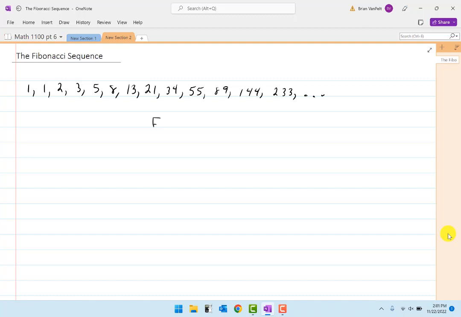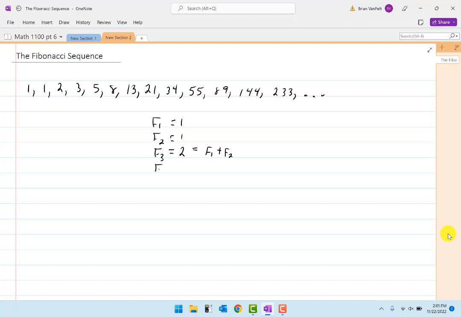So we define the first one, F1, to be 1, and F2 is also defined to be 1, and then F3, the third number in the list, is 2. So at this point, we were able to do F1 plus F2 to get that 2.